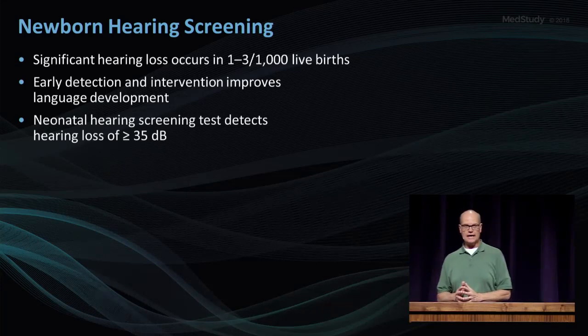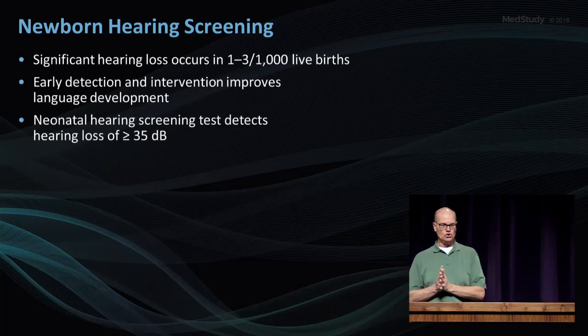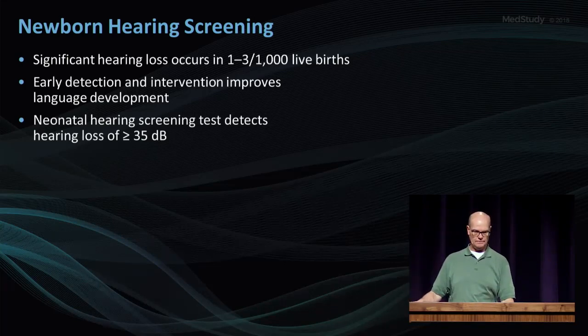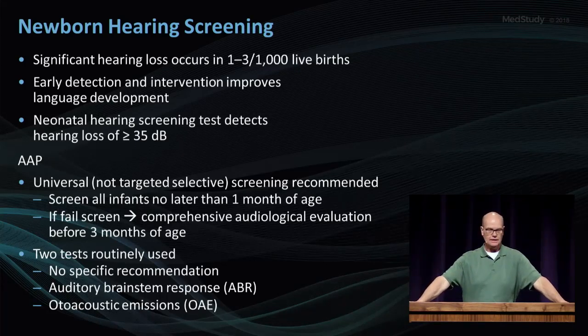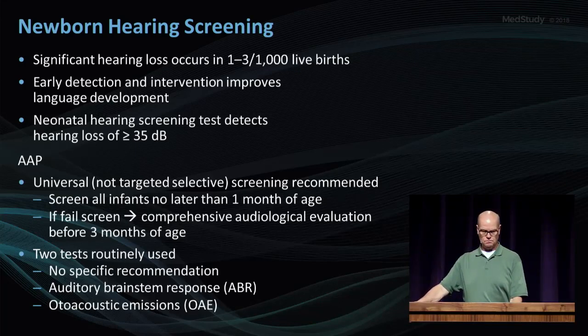Because hearing loss is not all that uncommon, and because early detection and intervention improves language development significantly, neonatal hearing screens are universally recommended by the Academy, not targeted, but universal. I think in most cases, children are screened prior to discharge from the nursery, but the AAP does give a little leeway in their recommendation that it be done by 1 month of age, and the AAP does not have a recommendation in regards to the particular tests that should be used.